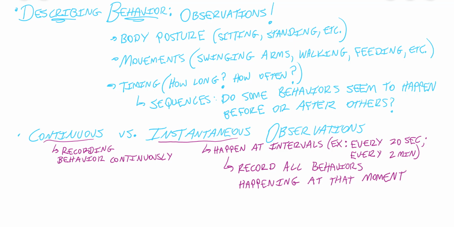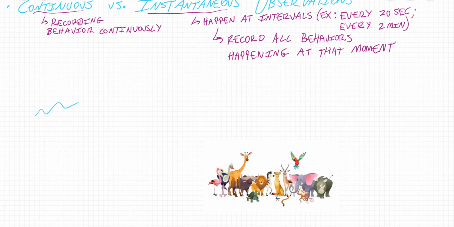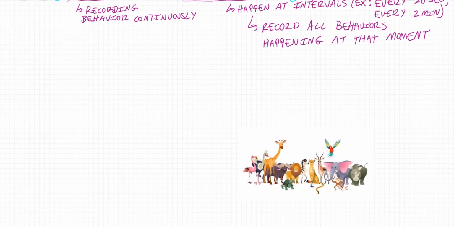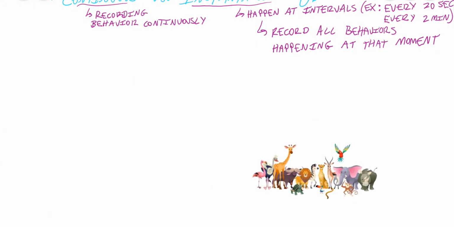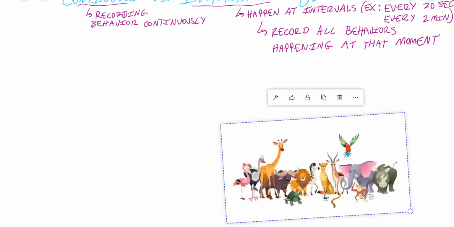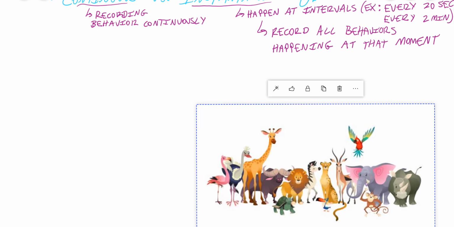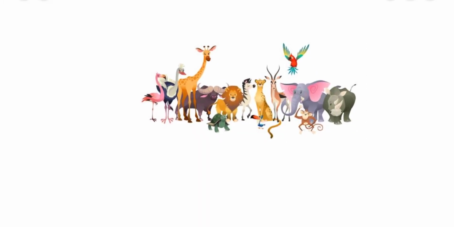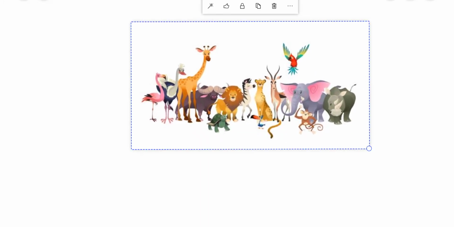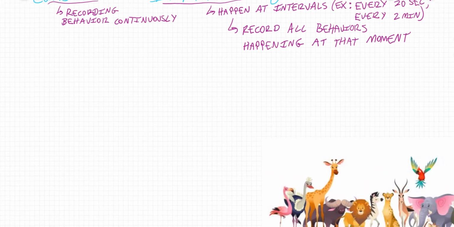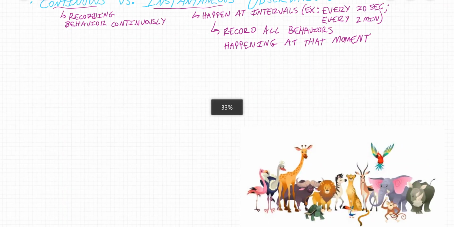All right, now there's one more thing we need to talk about when it comes to collecting data on these animals. We make our little crew of animals here a bit bigger. I'm going to use these guys to help explain the three primary ways that we collect behavioral data.